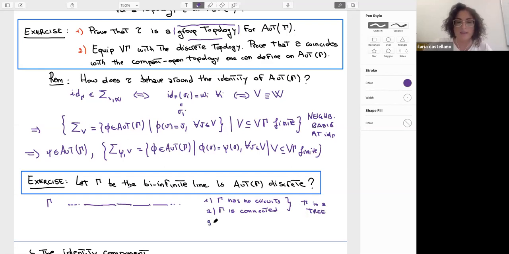And then the third property is that every vertex has exactly two neighbors. And we can call this a kind of regularity.